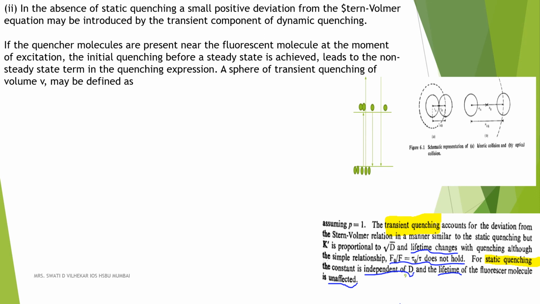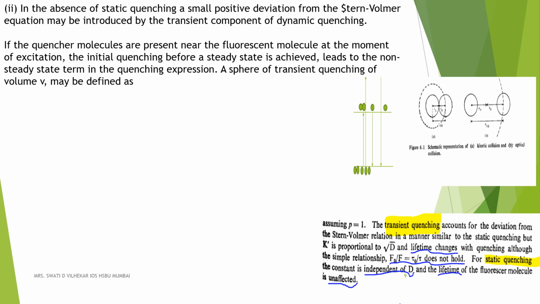If the quencher molecules are present near the fluorescent molecule at the moment of excitation, then initial quenching occurs before the steady state is achieved, and it leads to a non-steady state term in the quenching expression.